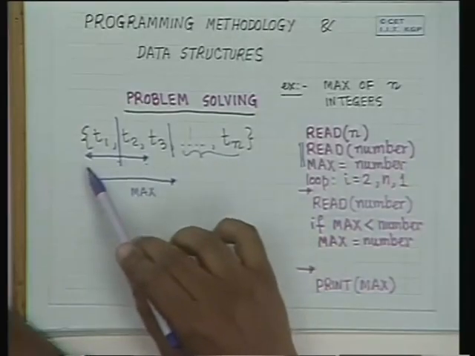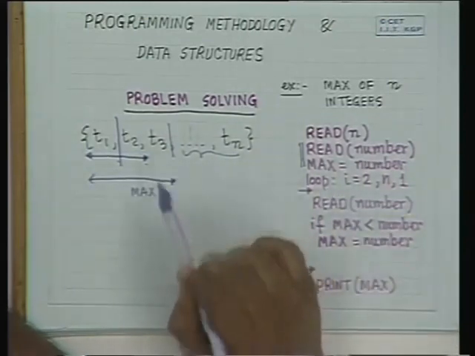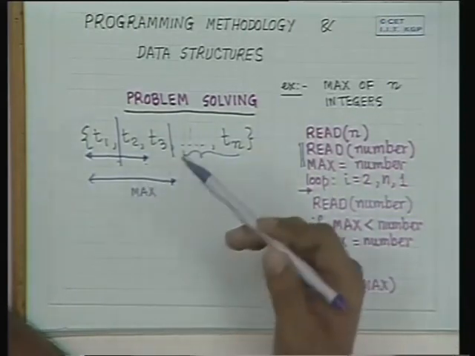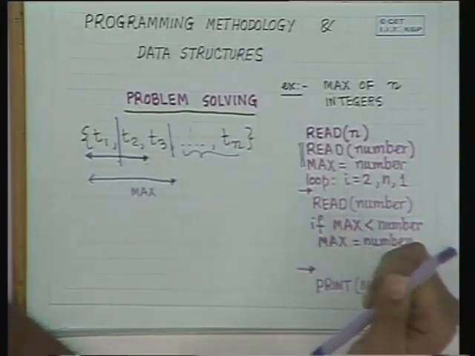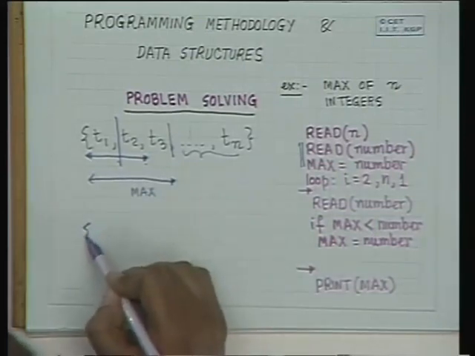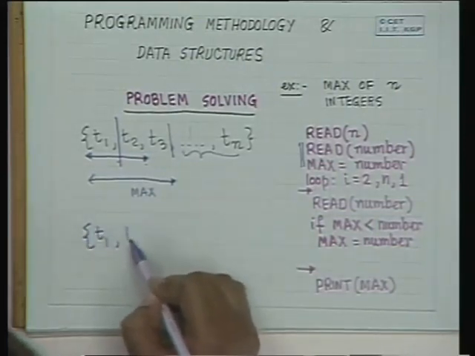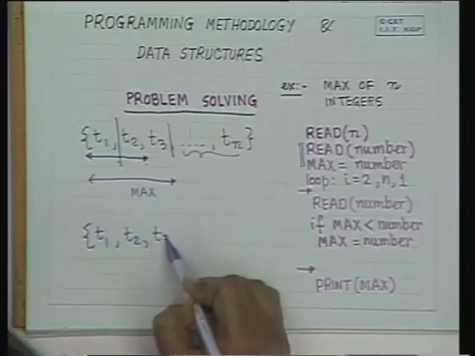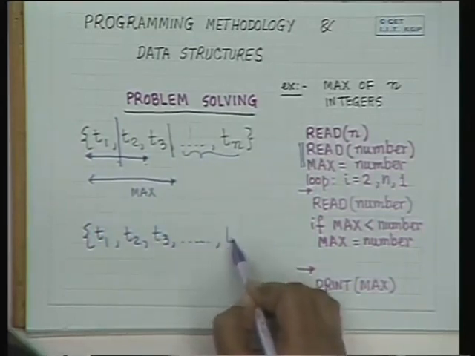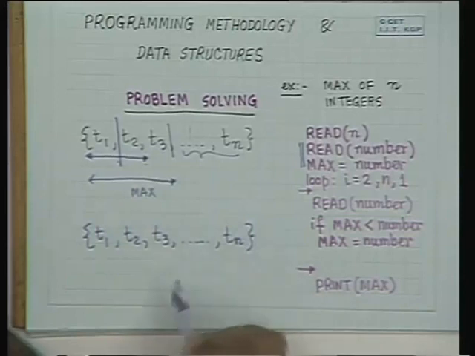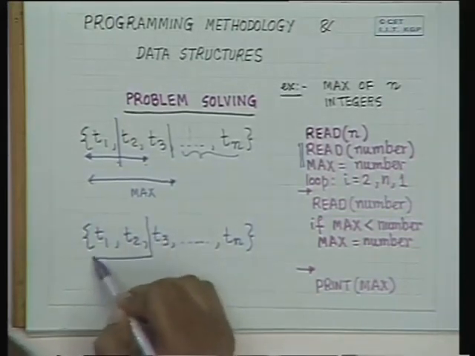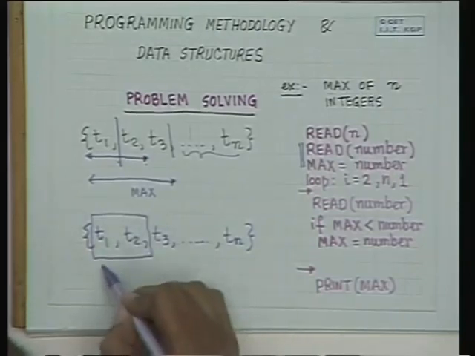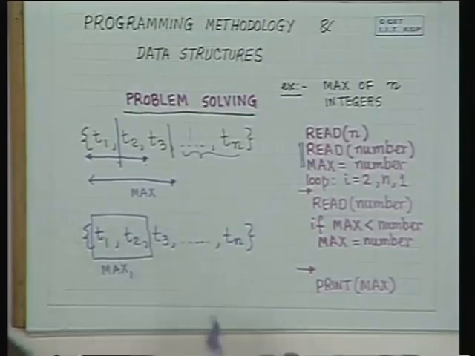But there are other aspects. Once you understand that this problem has been decomposed in this way, you will immediately start thinking that it could have been decomposed in other ways as well. How? For example, I could have solved this part of the problem and obtained a value called max1.